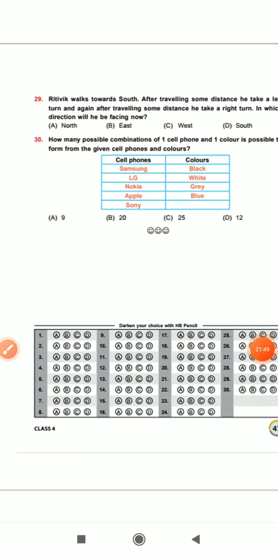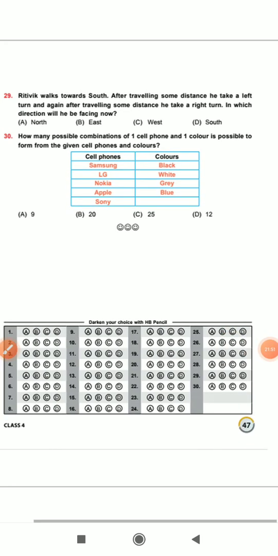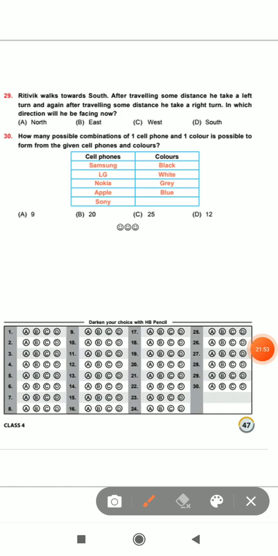Ritvik walks towards south. After traveling some distance, he takes a left turn and again after traveling some distance, he takes a right turn. Which direction will he be facing now? Okay. So the answer is option D, south.